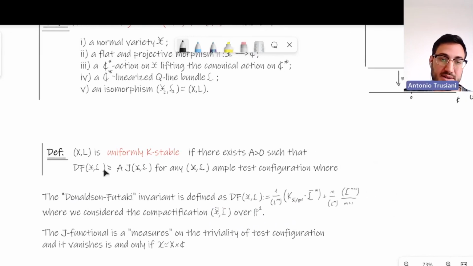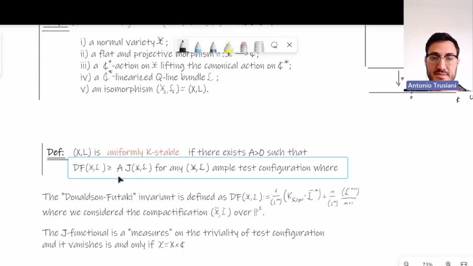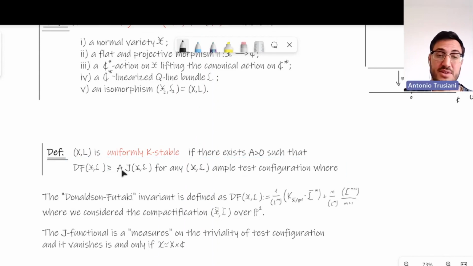And here, when I say uniform K-stability: if you want the notion of K-stability, you have to ask that the Donaldson-Futaki invariant is non-negative for any ample test configuration, and it is 0 if and only if calligraphic X is trivial.